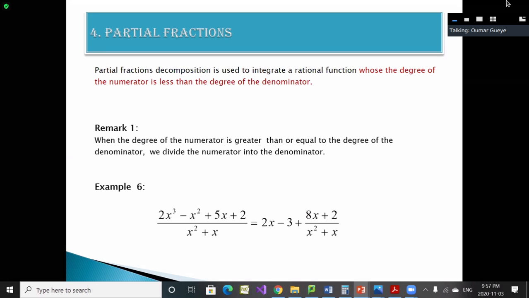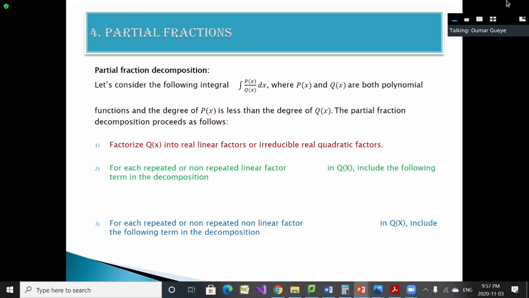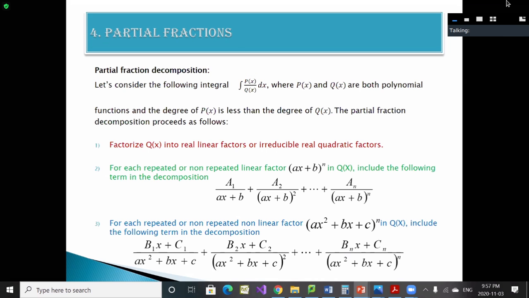Okay, so now we're ready to see exactly what the partial fractions decomposition is, because we now know the conditions that need to be satisfied before using it. So based on that, we'll now see the different steps for the partial fractions decomposition.